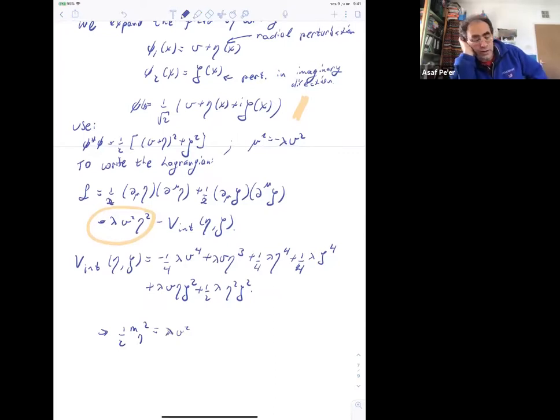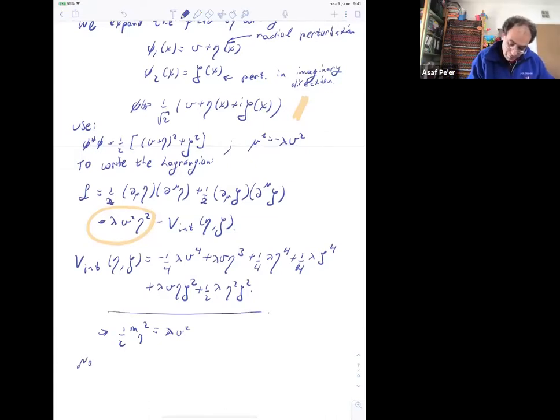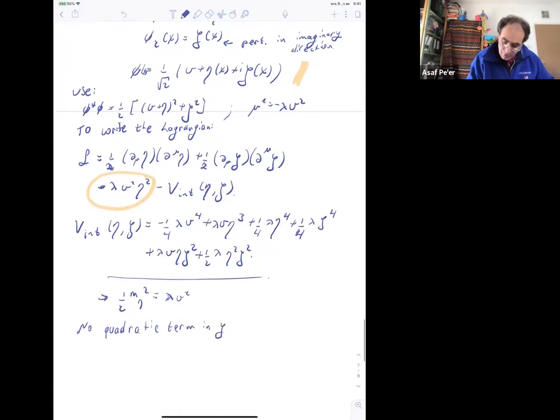Now there is no quadratic term in the field psi. So the field psi is interpreted as massless. No quadratic term in psi, so that means that psi is massless.